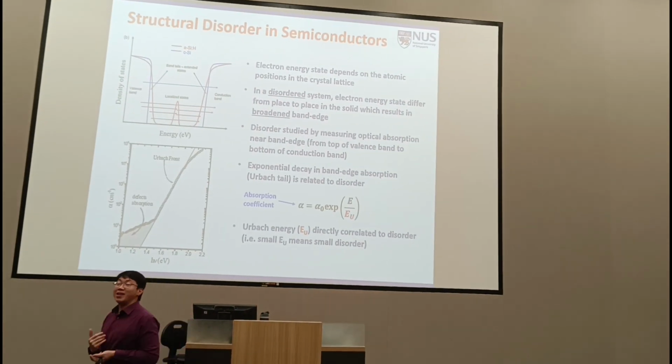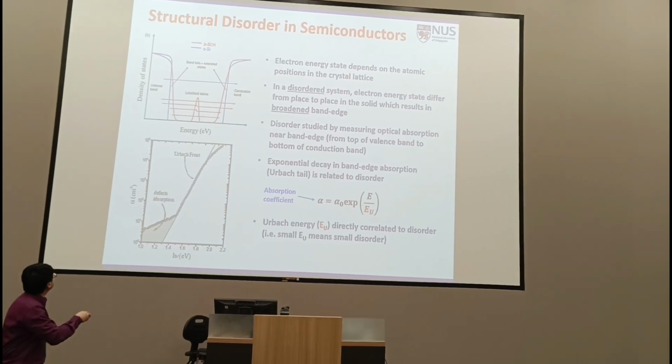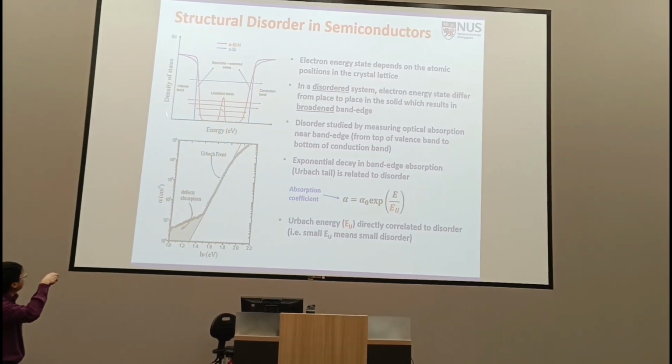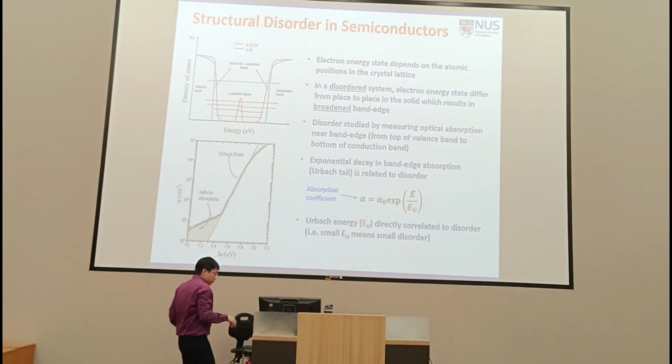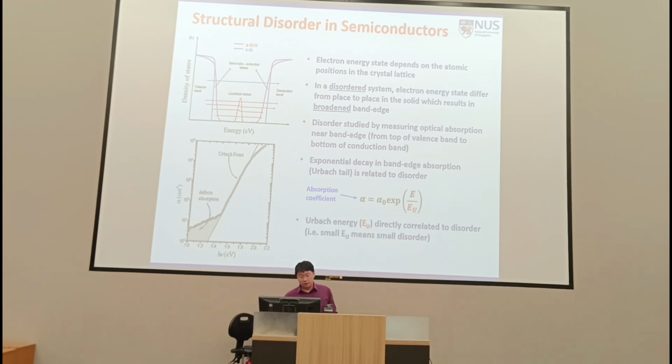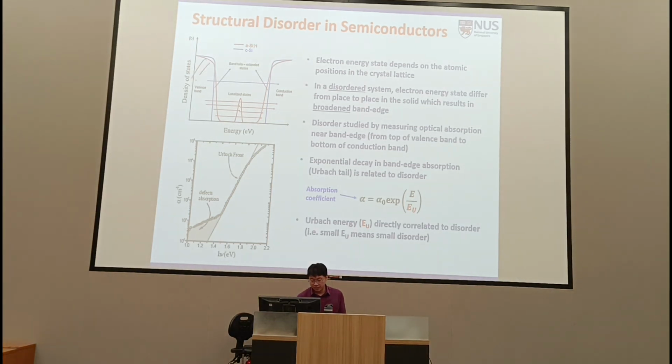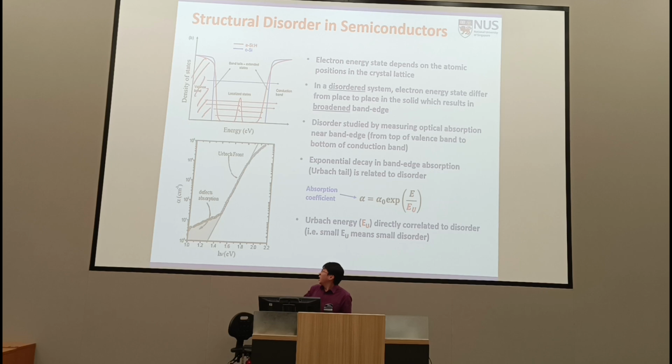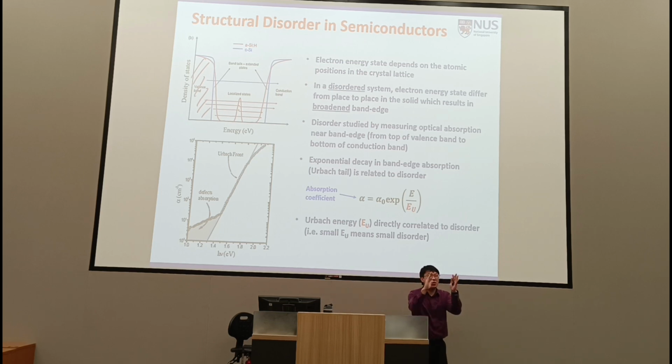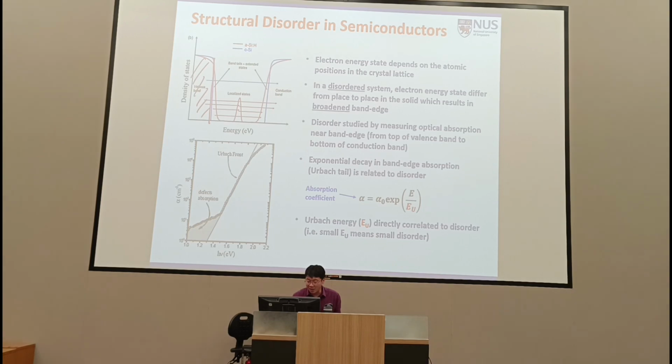So it turns out that disorder in a semiconductor can cause changes in a lot of its properties, especially its bandgap. Now, if you look at this diagram here, this is the valence band, and then on the right side is the conduction band. If you imagine that every single bond is the same length, very ordered, you would think that the band gap is very clean.